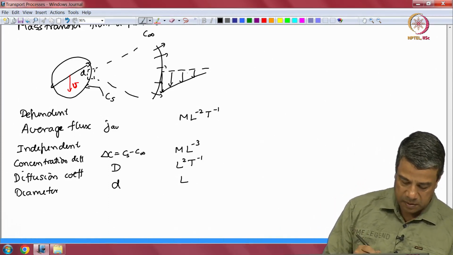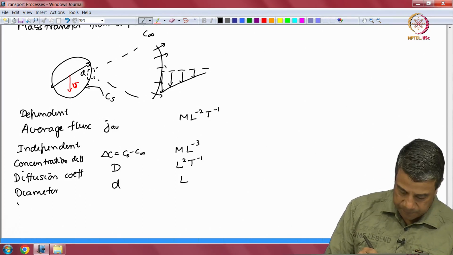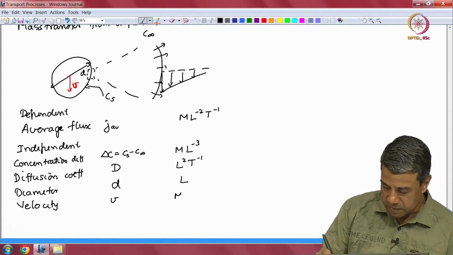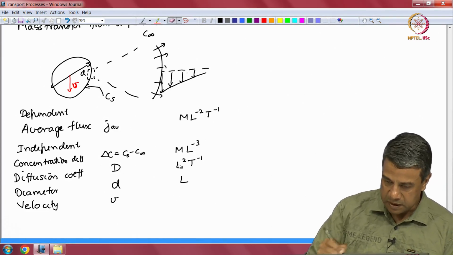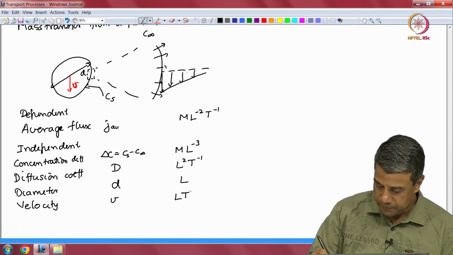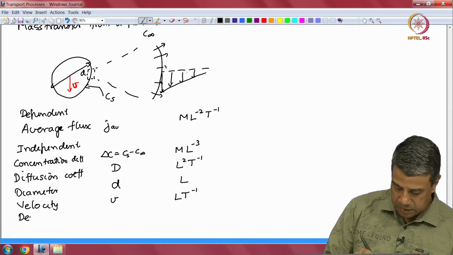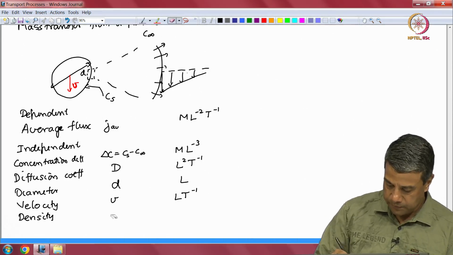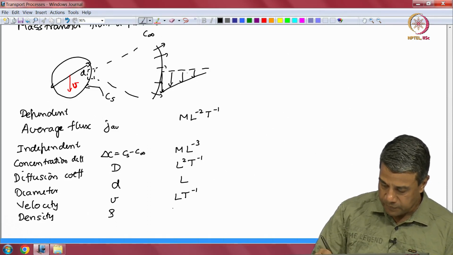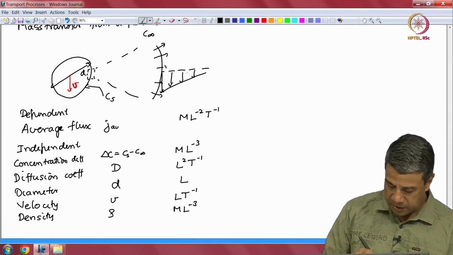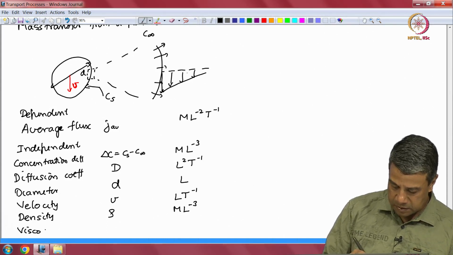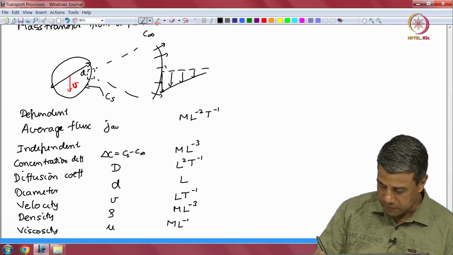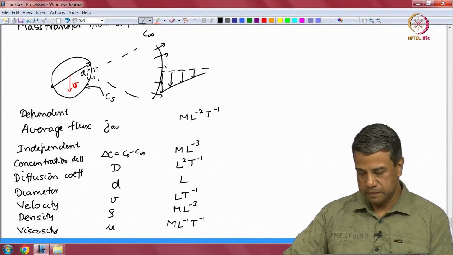The other independent parameters are the velocity V, which is length per unit time, the density rho, m L power minus 3, and the viscosity mu, which is m L inverse T inverse.